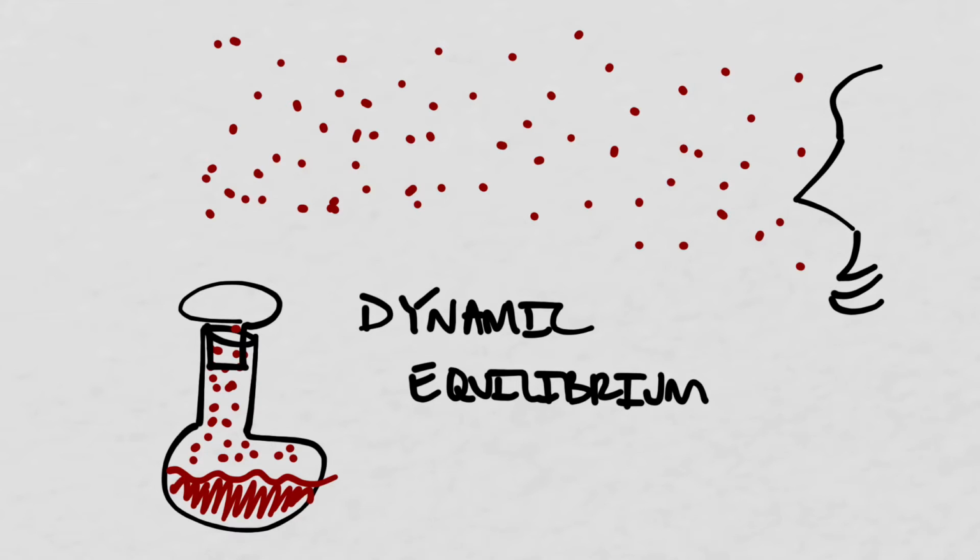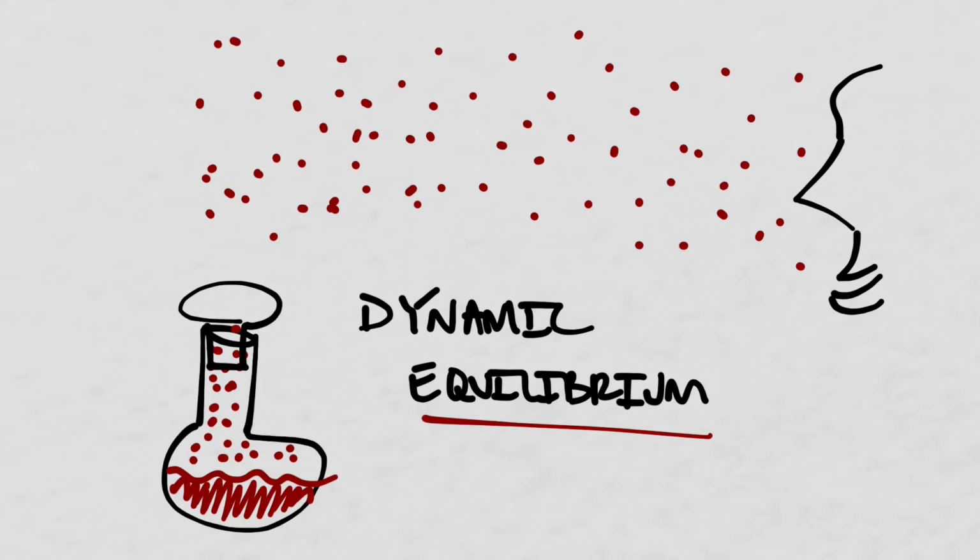And the reason why it's equilibrium is because there's no more concentration gradient. These particles are diffused equally throughout the room. So the probability of finding a molecule here is the same probability as finding a molecule all the way over here. So they've reached equilibrium.